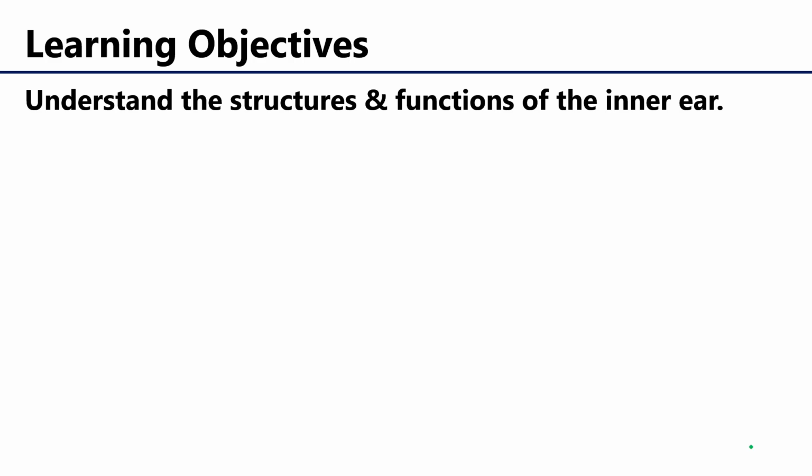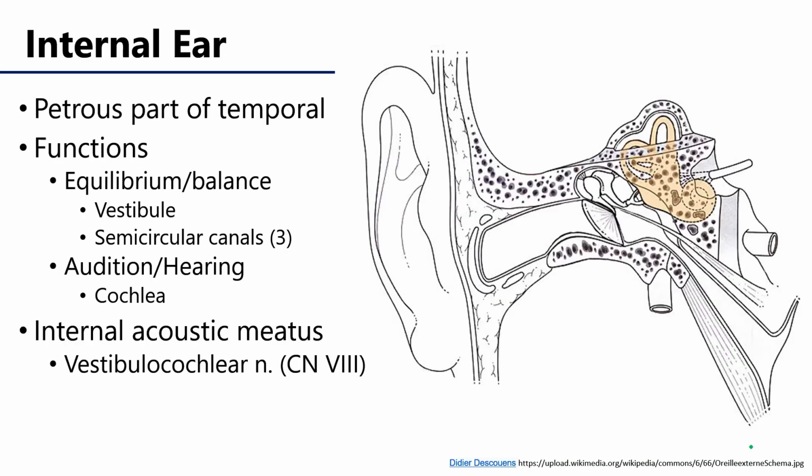In this video, we'll discuss the structures and functions of the internal or inner ear. The internal ear is encapsulated by the petrous part of the temporal bone. It has two major functions: to help modulate equilibrium, i.e. balance, and to help modulate audition, i.e. hearing.